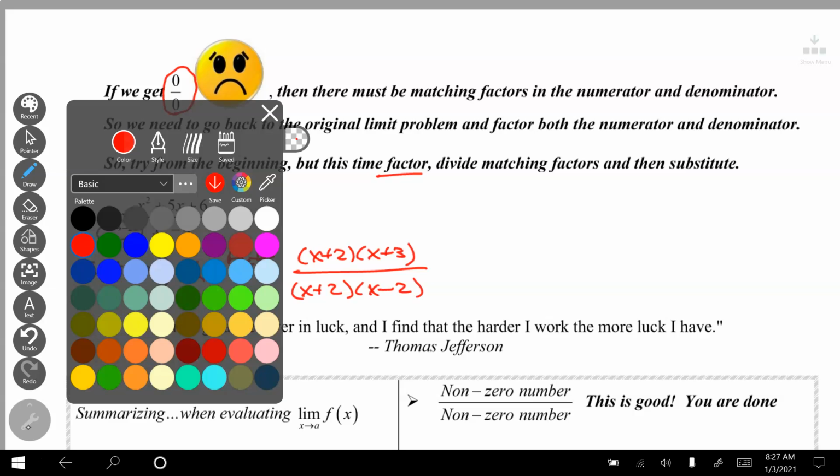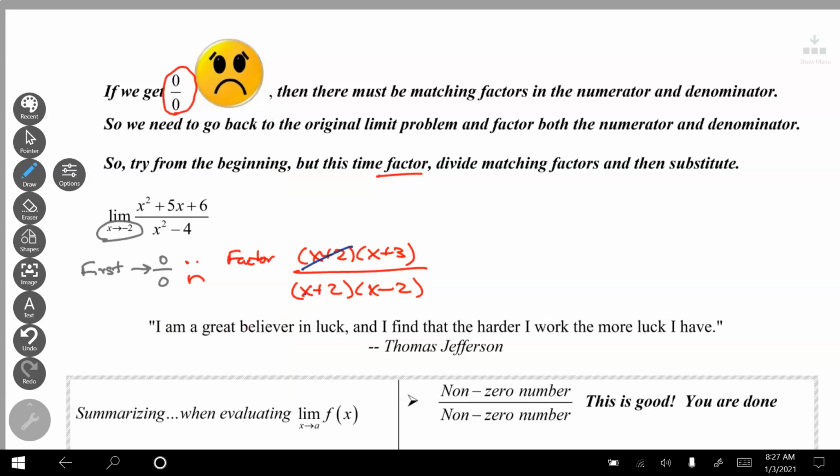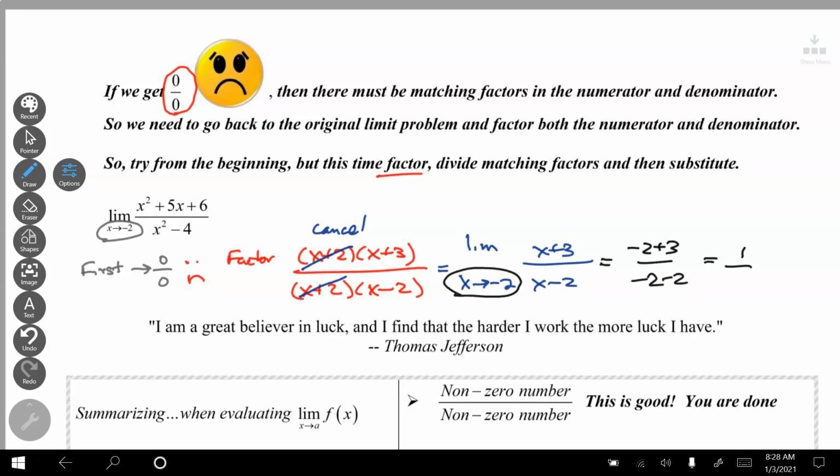When I factor the denominator, I see that things cancel. And after things cancel, I still have the limit in front of it, the limit as x goes to -2. But the only thing left over now is x plus 3 over x minus 2. And now I can plug in my number for x. -2 plus 3, -2 minus 2. I get 1 over -4. Remember, I still have to plug in my number.